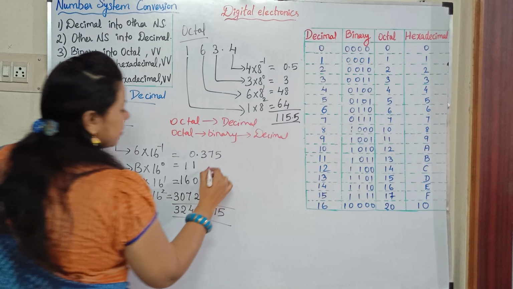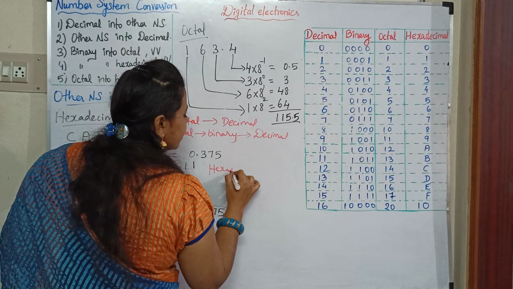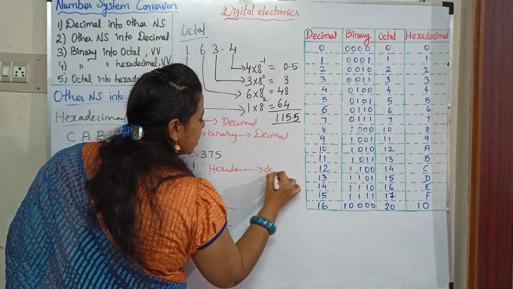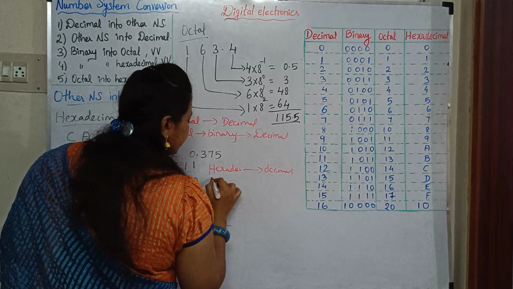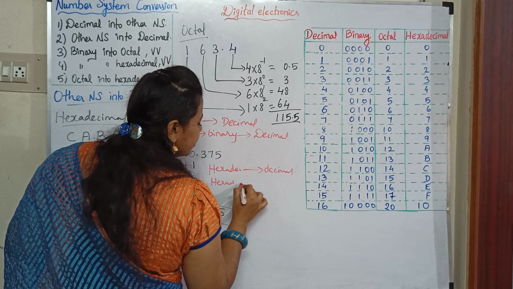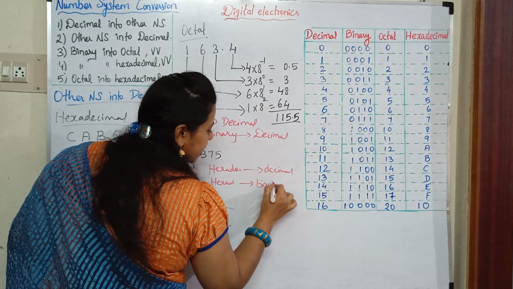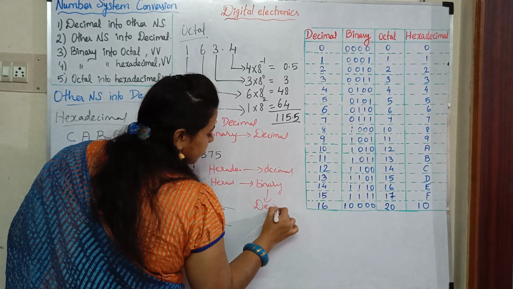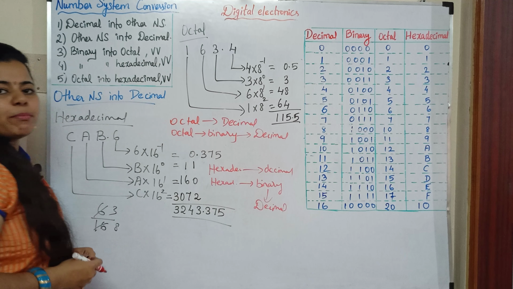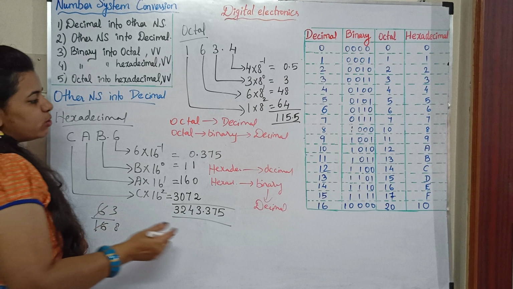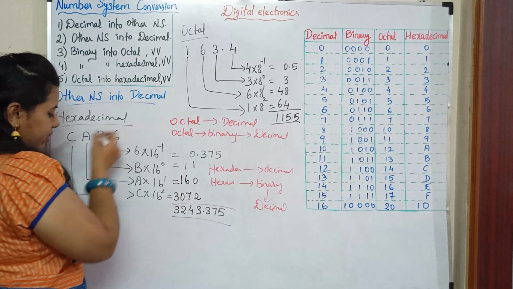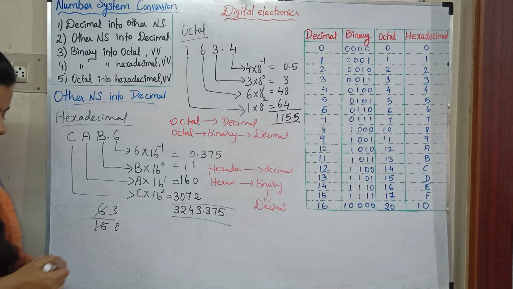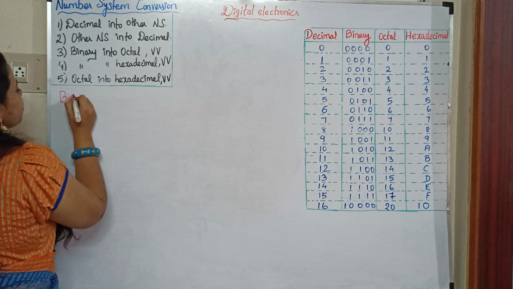Same for hexadecimal: convert hexadecimal into binary and again convert that binary into decimal. You can follow any method, but for larger values this is quite difficult, so better follow the direct one. Okay, next we will discuss binary into octal.